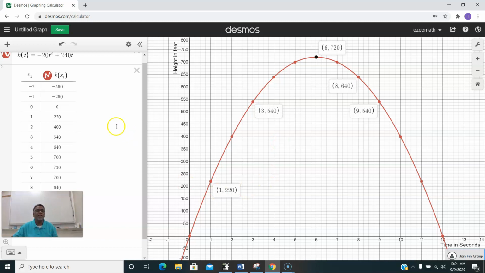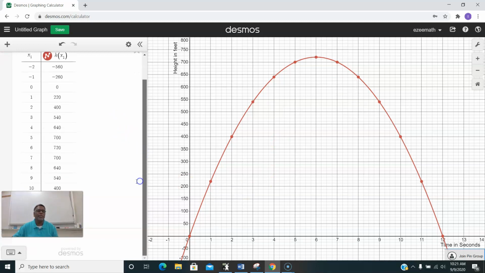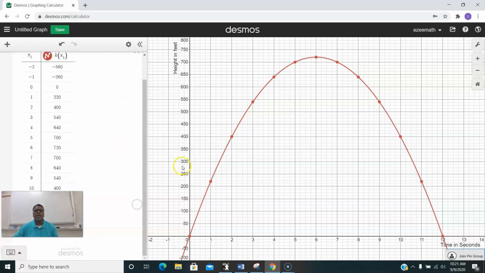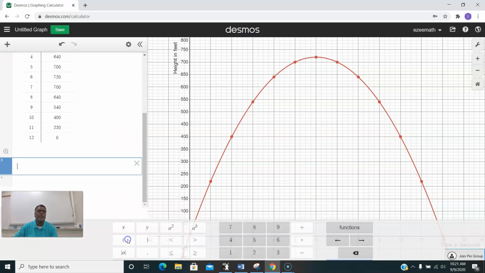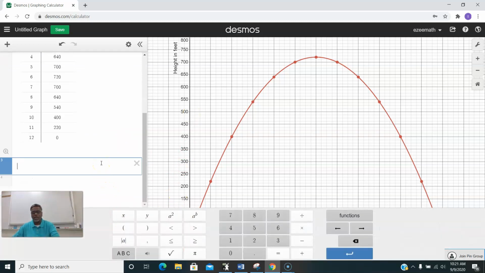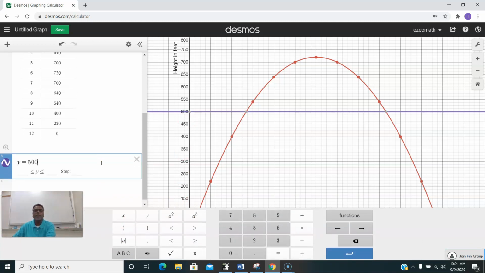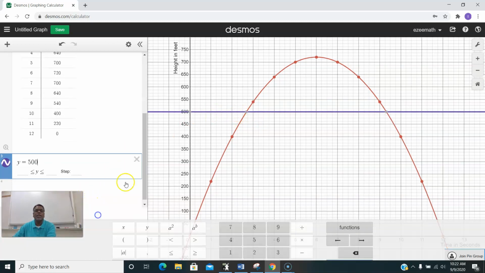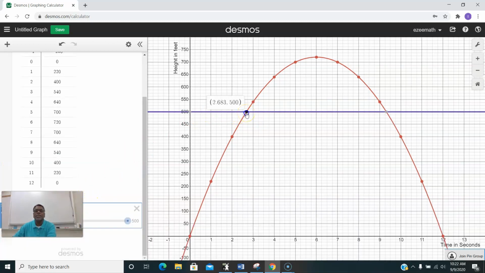So for that, another easier way I have here for you, you just type in one more function which says the height y is equal to 500. All right, this is here, y is equal to 500. Now see this, I got a blue line here, a horizontal line, and this is the time.